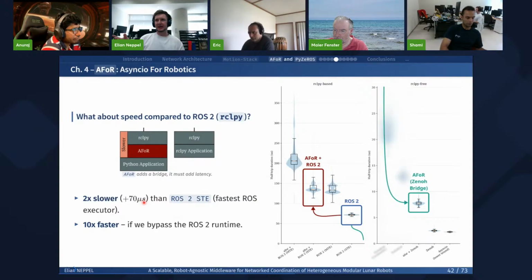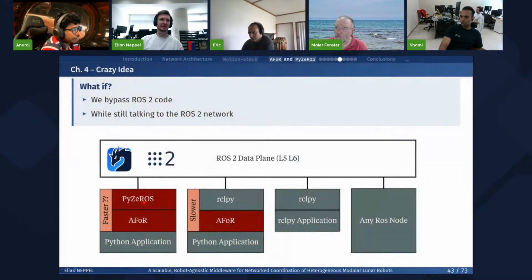But now I also measured the speed when I send messages directly onto the Zenoh layer. So Zenoh being the backend of ROS. And when I send messages directly onto the ROS backend without using rclpy, I noticed that I was 10 times faster than rclpy. And that's where I had the idea of what if we just bypass rclpy now and we directly send messages to Zenoh onto the ROS data plane, and while still being compatible with ROS.